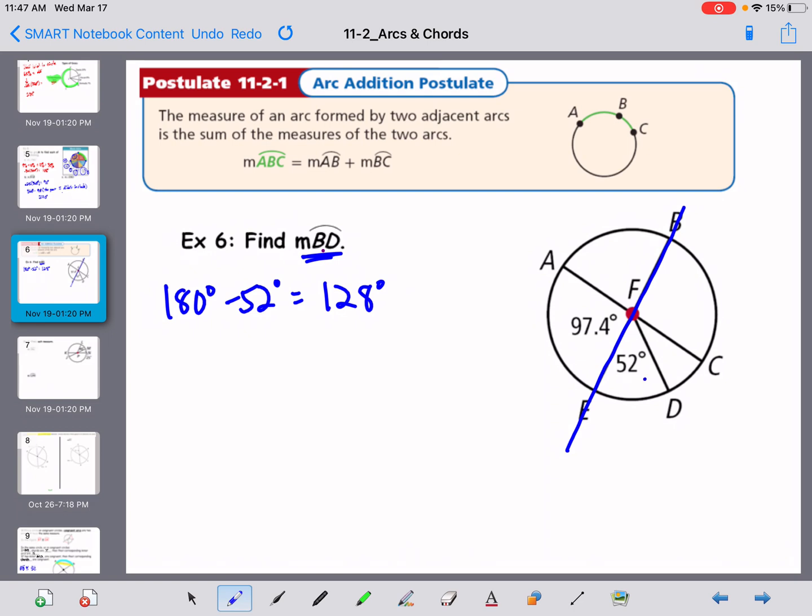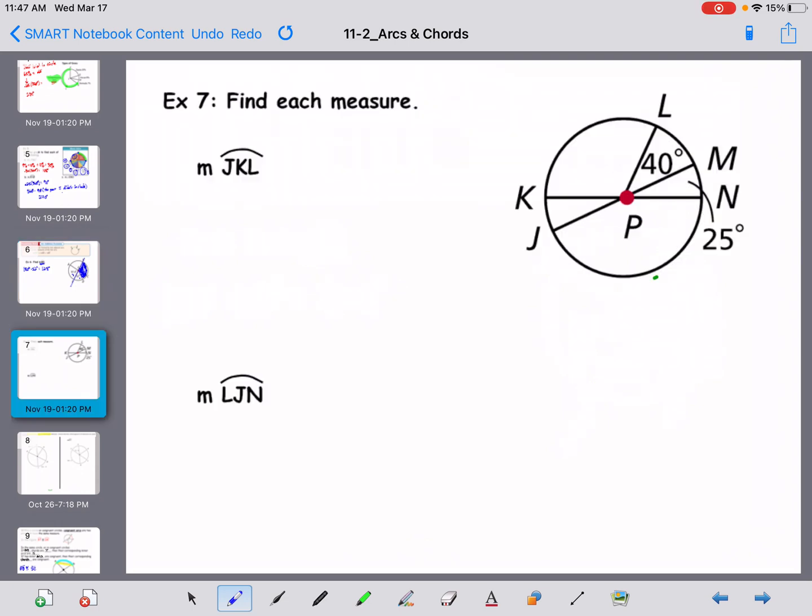I've got this 52 and I've got this 97.4. This 97.4 isn't really very helpful. So this is what I'm looking for. I got to use that 52 somehow to figure it out. And the more you do these problems, the easier they're going to get.